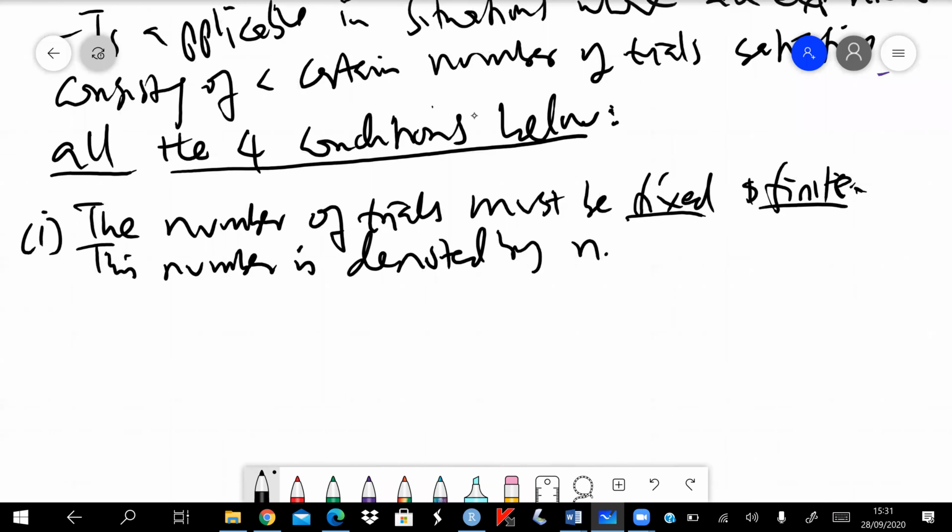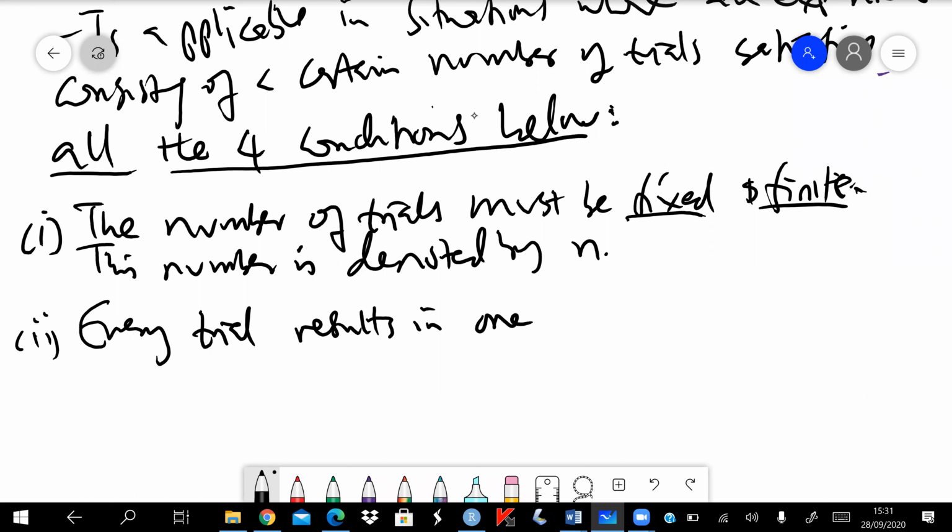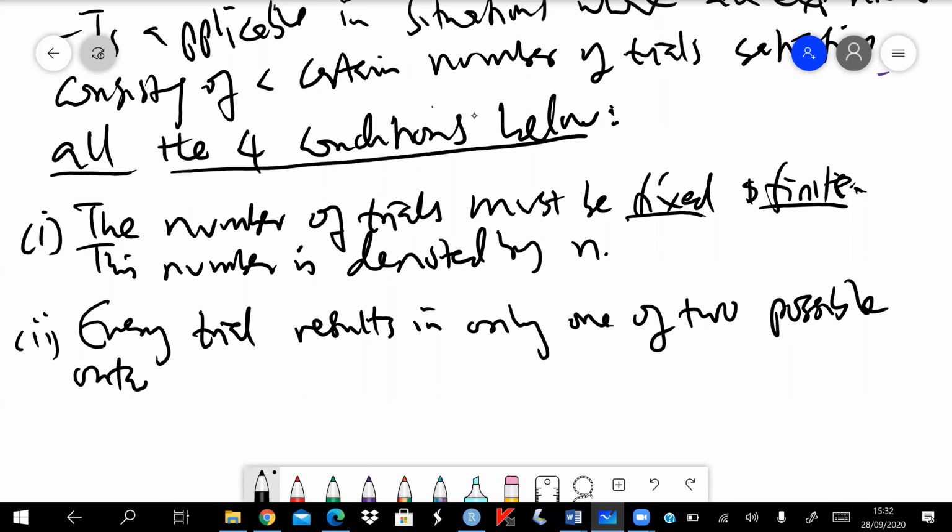So in short, we are saying that n must be finite and must be fixed in advance before the experiment begins. Okay. The second condition that must be satisfied is that every trial results in only one of two possible outcomes. Okay, so every trial has two possible outcomes, but only one of them happens. You cannot have both occurring.